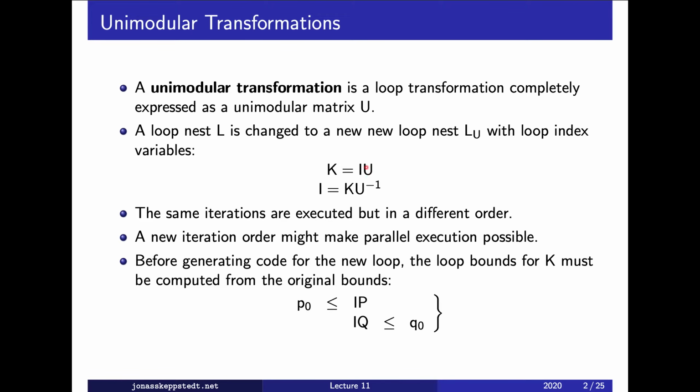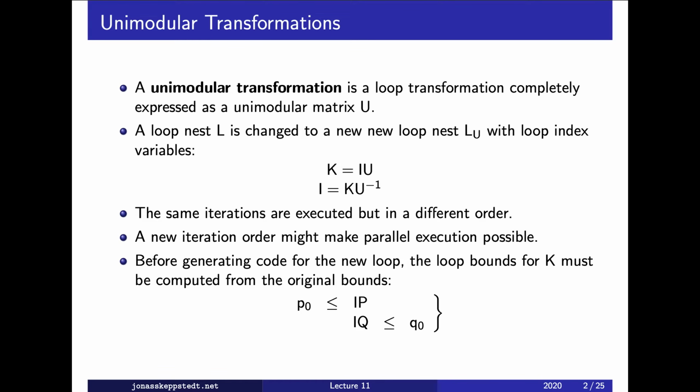So we create this transformation matrix, and the new index variables are the product of the original and this matrix. What this means is that we will create a new loop nest with the k index variables. And the effect is that we will execute the same iterations, but in a different order.